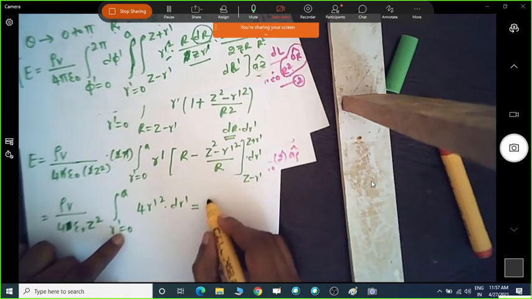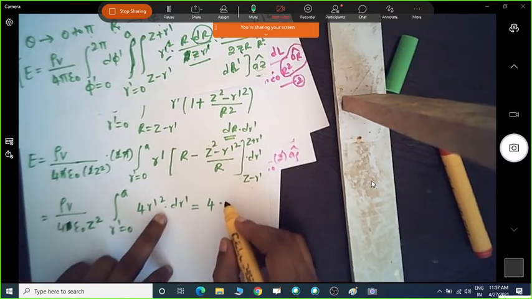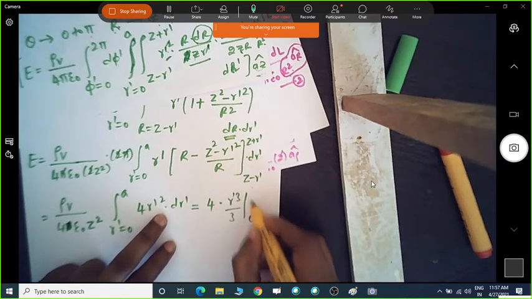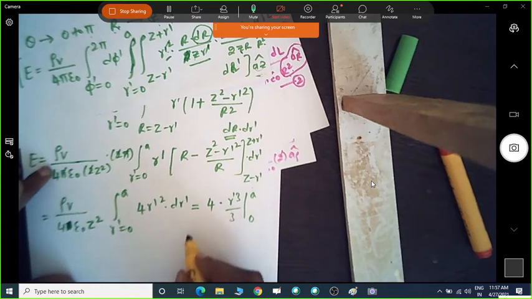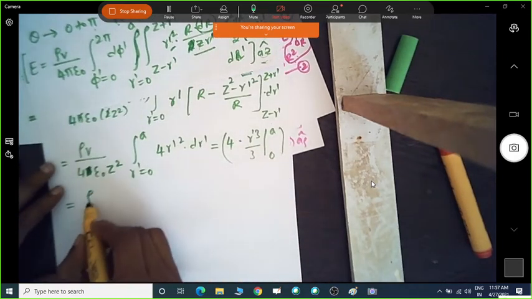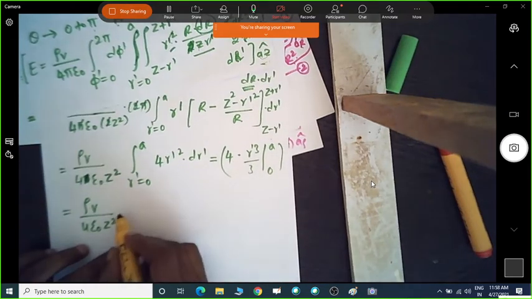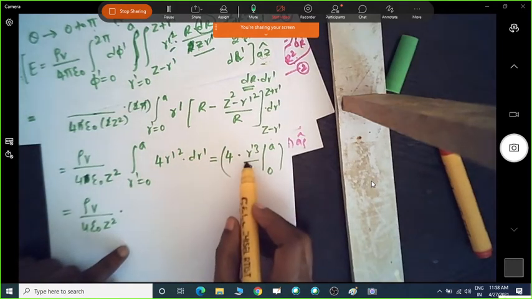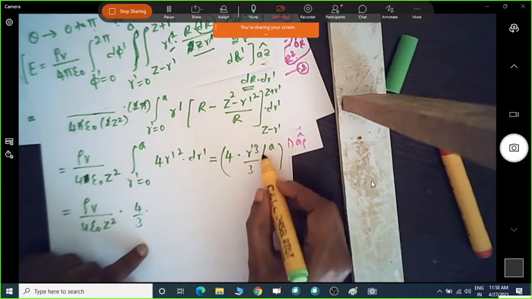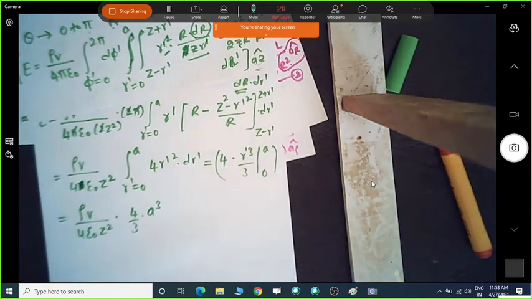You will get 4 into r dash cube by 3, and you can substitute 0 to a. Now rho v by 4 epsilon naught z square into 4 by 3, and substituting the limit a, you get 4 by 3 a.